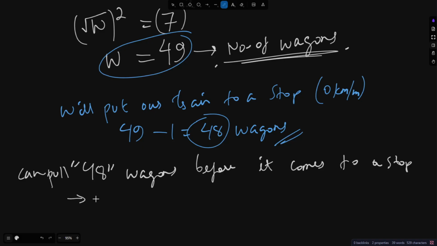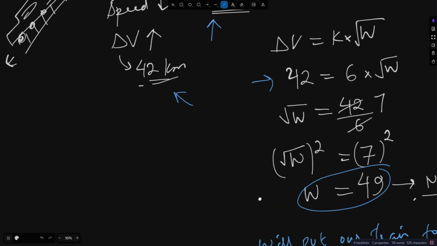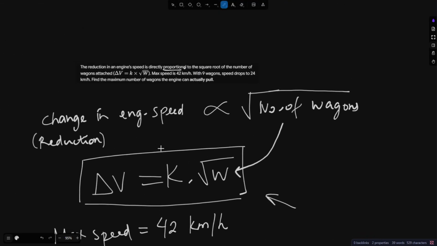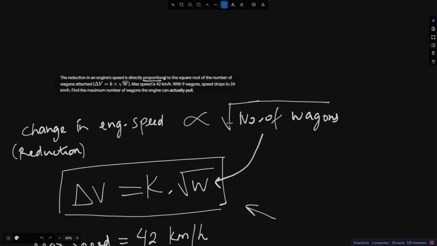The moment you increase this to 49, it'll become 0 kilometers per hour, which is not what we want. We want it to be 48 so that it keeps moving. And that's the answer. Don't stop at 49. Think about the problem a little and you'll come to the right conclusion, which in this case is 48 wagons. Hope you learned something new. See you in the next video.